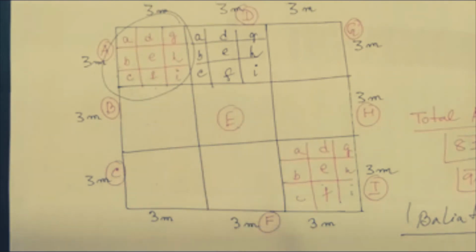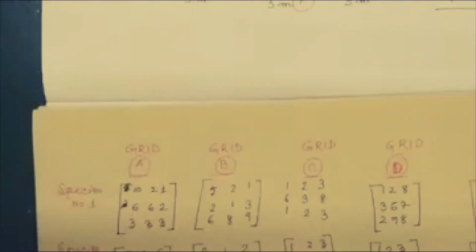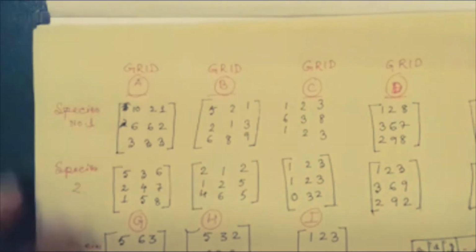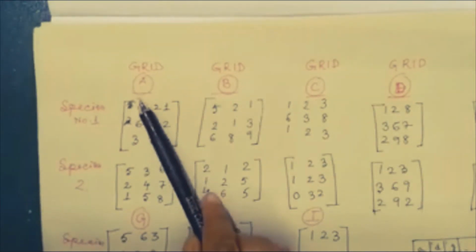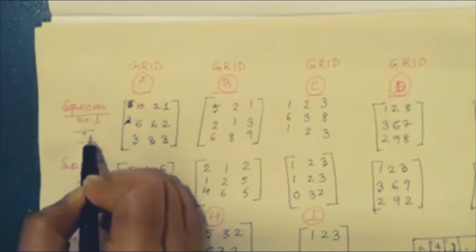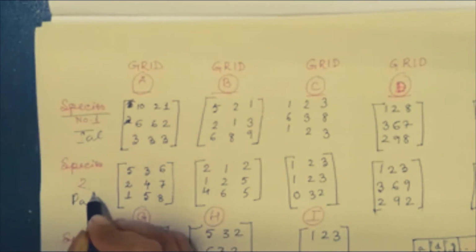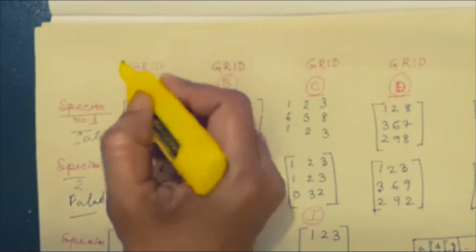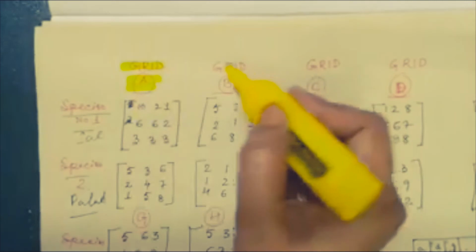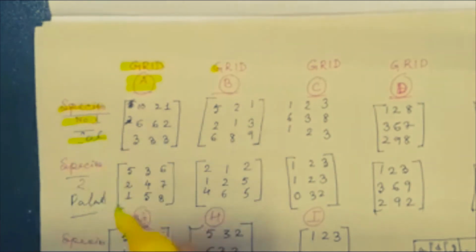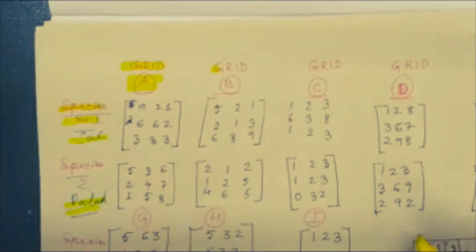Okay, then the student has prepared the index, sorry, the matrix. This is for the grid number A, and this is the species number 1, that is sal, and this is Polish, species number 2. And from this field data, for the grid number 1, this is for the sal species, this is for the Polish species.